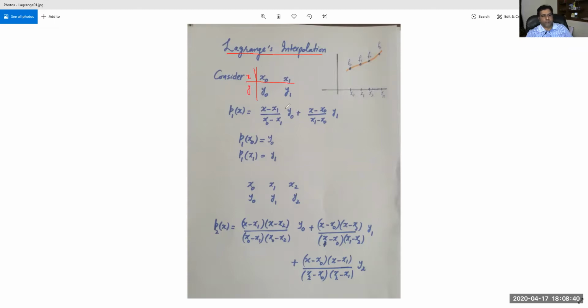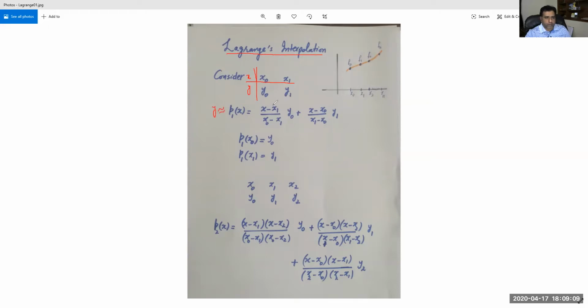So x could be temperature, y could be density, or this could be a pressure volume relationship, or any other data coming from some experiment or some observation. I have already discussed these things. Since we have 2 data points, this unknown function y can be approximated through a first degree polynomial.